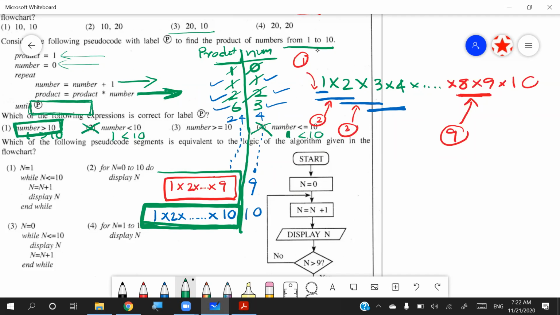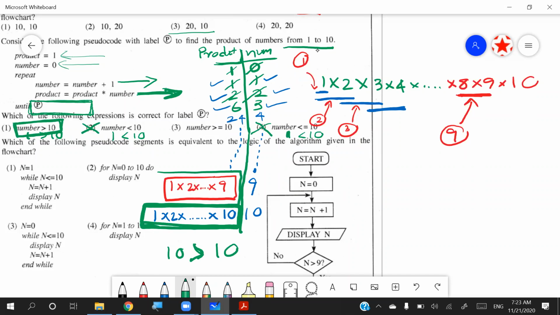So to stop it, when we are checking, the condition must be a true one now, not a false one, because false will not repeat now. So if the condition is the very first choice, it says number larger than 10. So in this particular moment, our condition is going to be 10 larger than 10, which is not true. 10 is equal to 10. So that means false. If it is false, iteration happens.